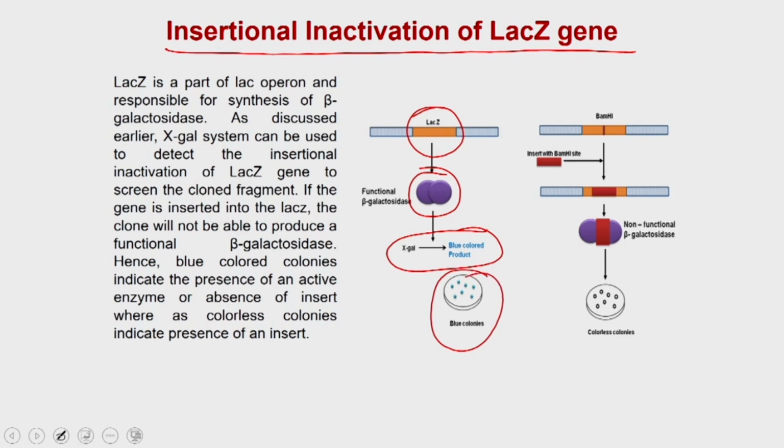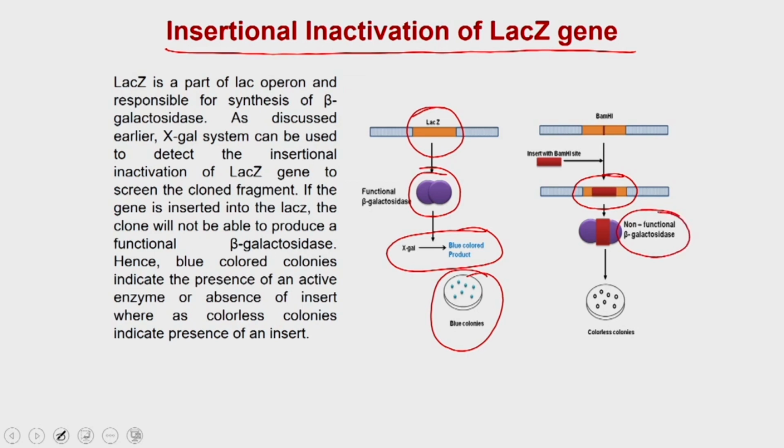Whereas, if you are using a BamHI site and you are inserting your gene within the LacZ site, what will happen is that you are going to produce a recombinant DNA, but in this process you have destroyed the LacZ gene, and as a result you are not going to produce the functional beta galactosidase.